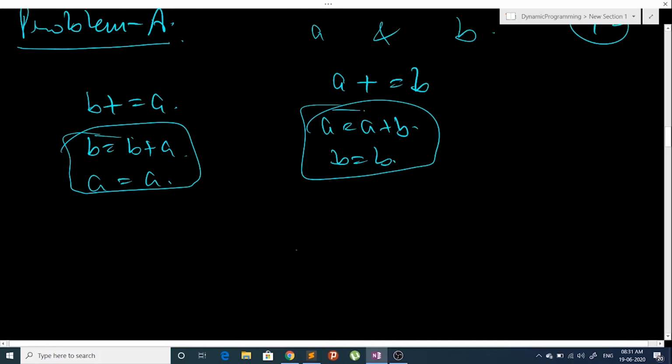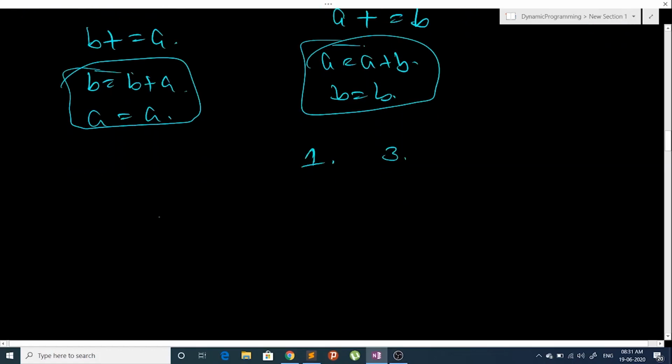So my intuition was that, let's say I have 1 and 3. Now I will show you two cases. If I do 1 plus equal 3, and otherwise if I do 3 plus equal 1.